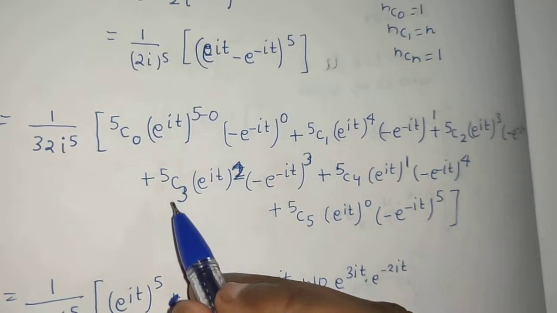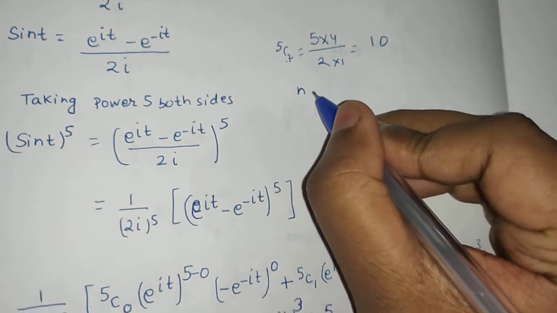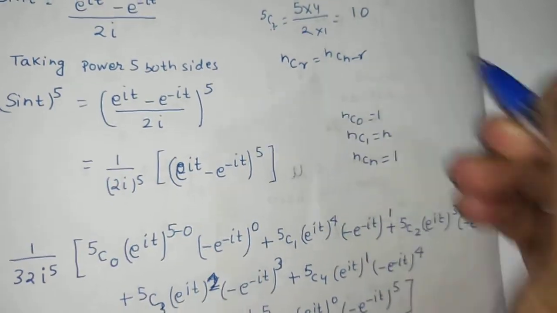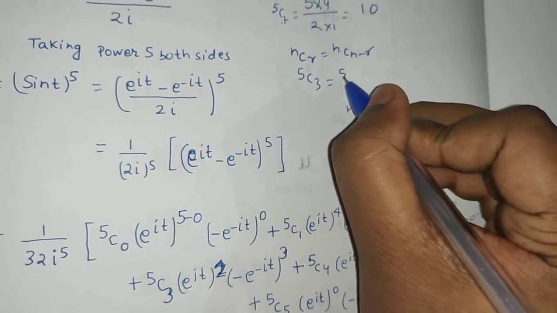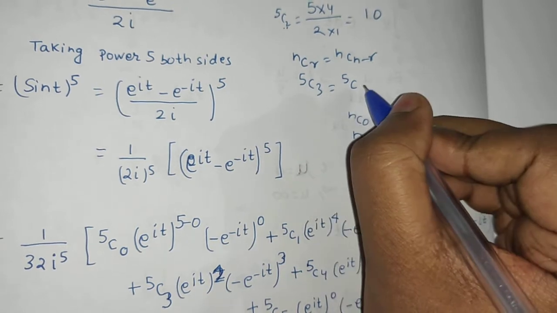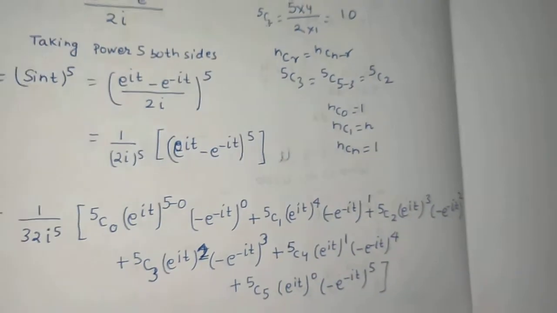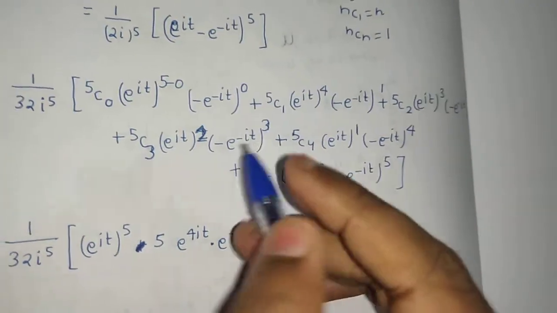Coming to this term. Now nCr, there's another formula. This is just basic binomial: nCr equals nC(n minus r). So 5C3 can be written as 5C(5 minus 3). So this is 5C2. So 5C2 and 5C3 have the same value, each being equal to 10.